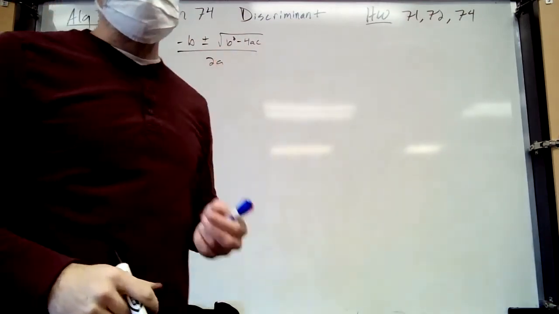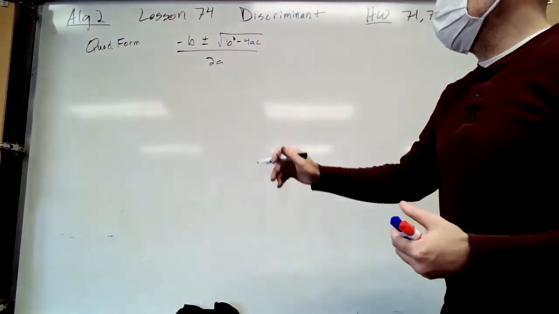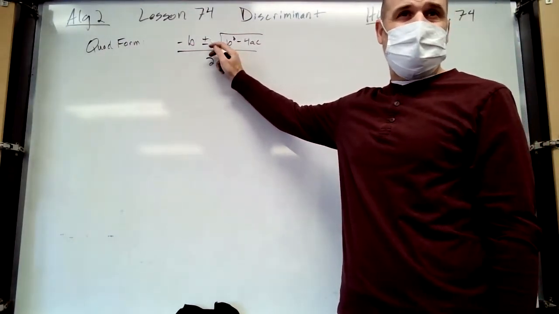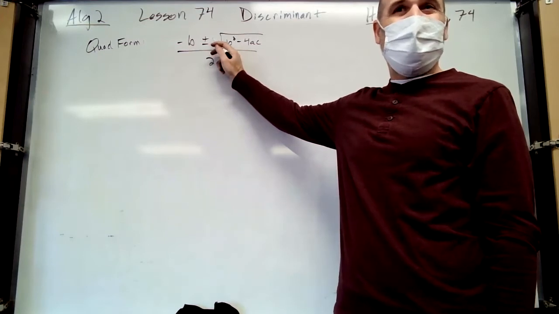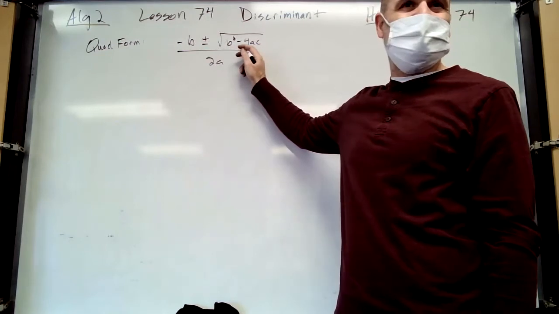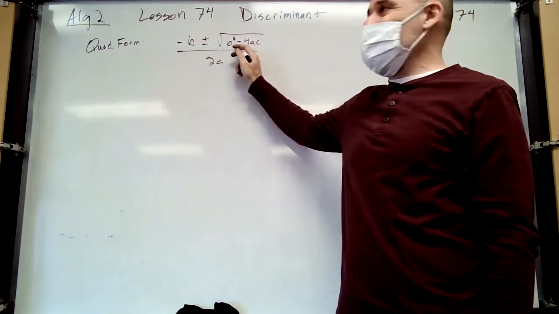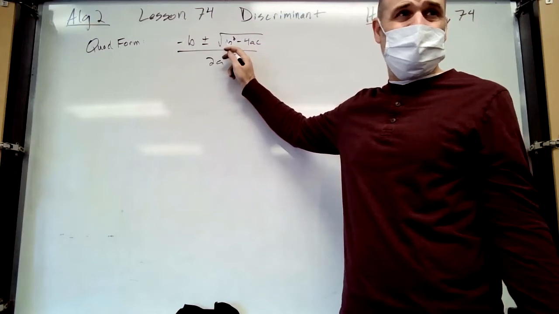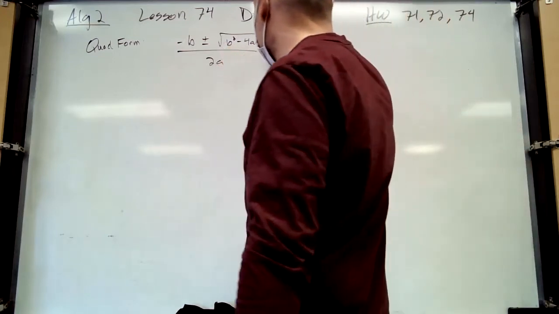Now, this plus or minus says that there's probably going to be two answers, right? But what if this is the square root of 0? What happens when you add 0 and subtract 0? Are you going to have two different answers? No.